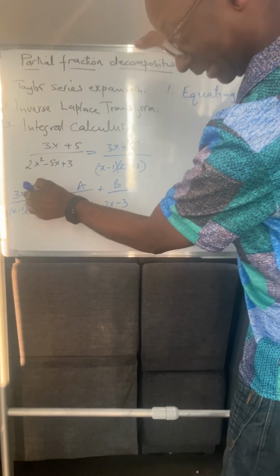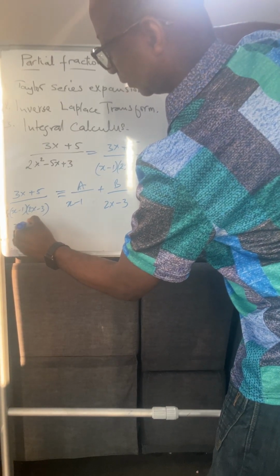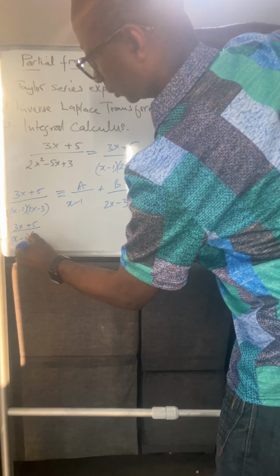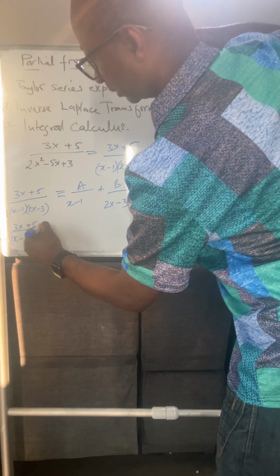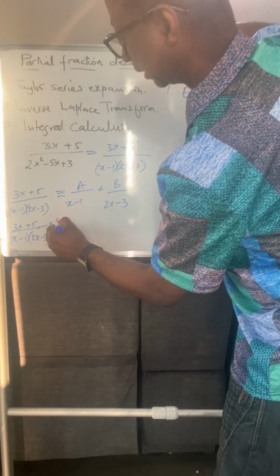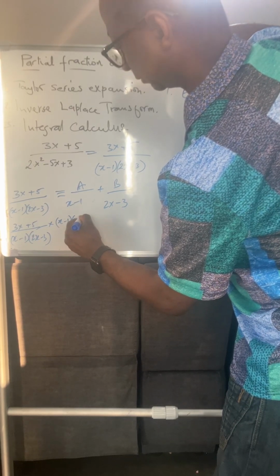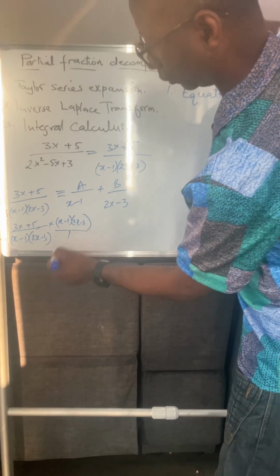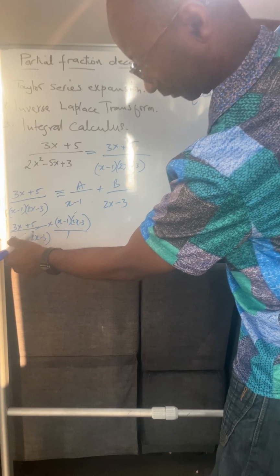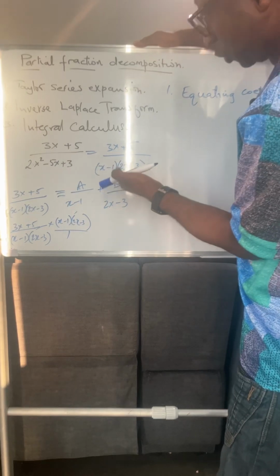You multiply 3x plus 5 by x minus 1 times 2x minus 3, so that I clear this fraction. This is all over 1 here, so that this will cancel. So what will remain here is just 3x plus 5. Because I'm multiplying by this here, I should also do it on this part of the equation.